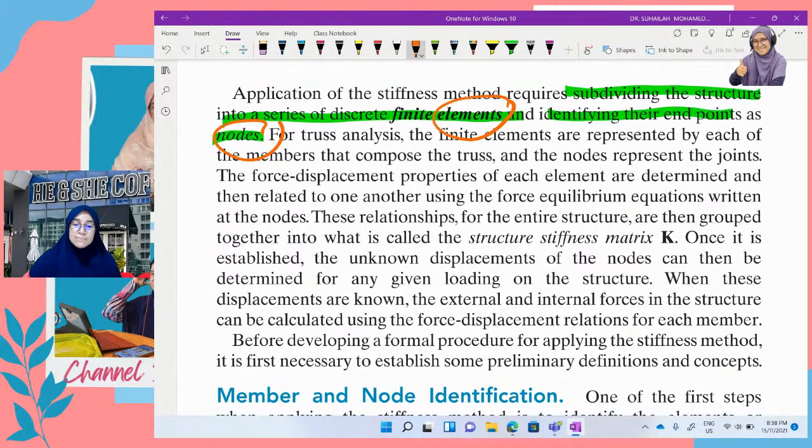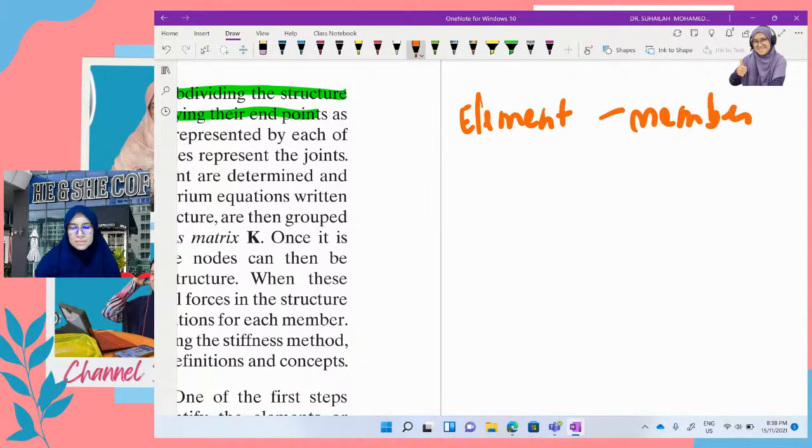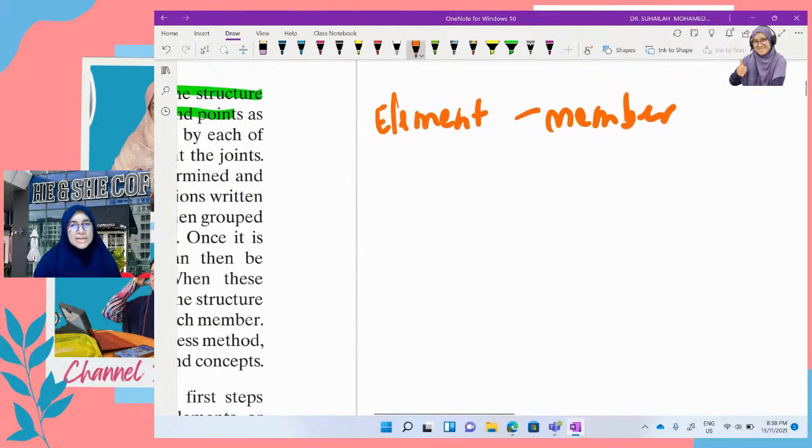So what is an element? An element is a member. What's the difference? Member, we call it using, for example, AB, BC. This is a member.